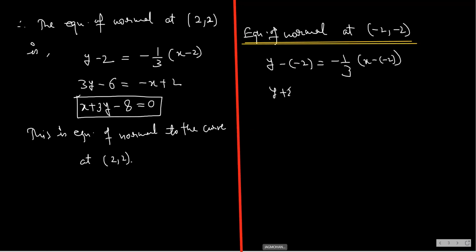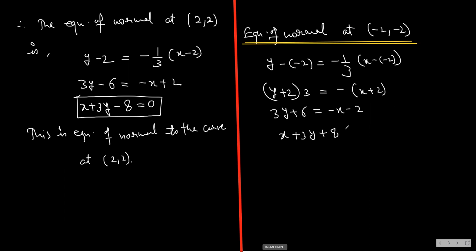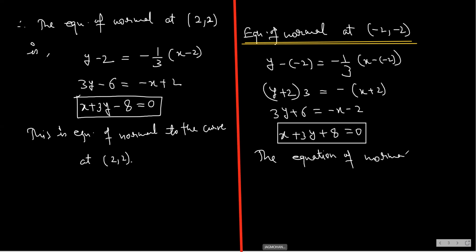So I have y plus 2. We multiply 3 here, and negative x plus 2. So we got 3y plus 6 equals negative x minus 2. So we have x plus 3y plus 8 equals 0. This is the equation of normal at -2, -2.